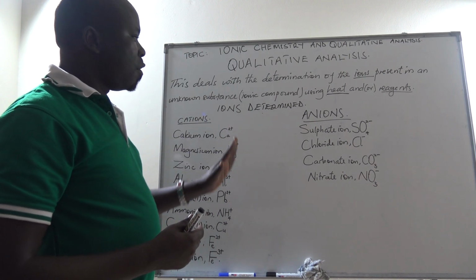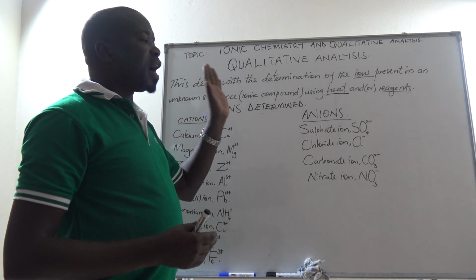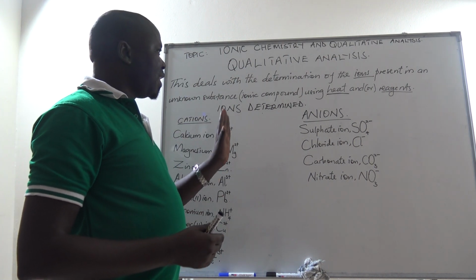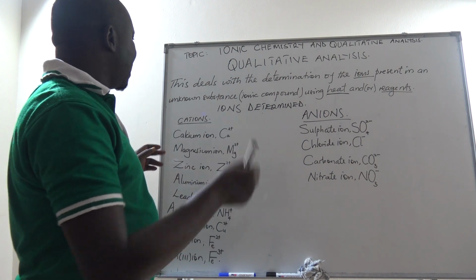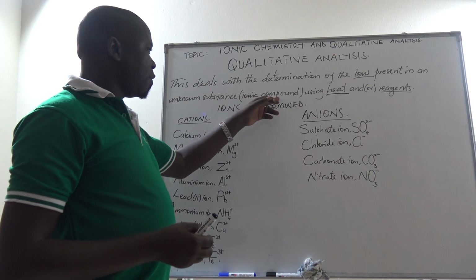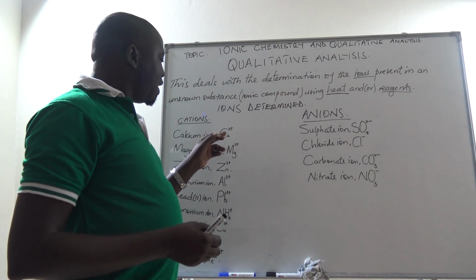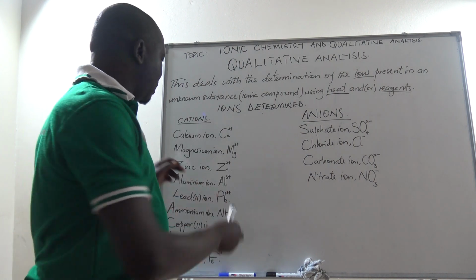But still, in qualitative analysis, we look for those ions, the cations and the anions present in the substance which has been provided, called an unknown substance, and is mostly an ionic compound. And this ionic compound mostly is, as you can see from here, these are the inorganic salts.